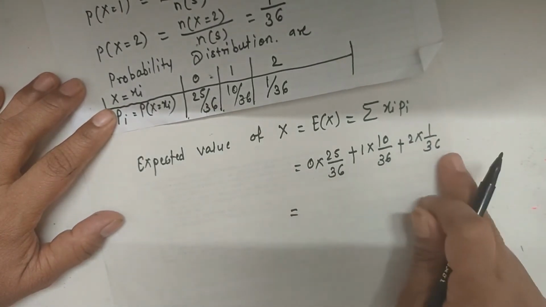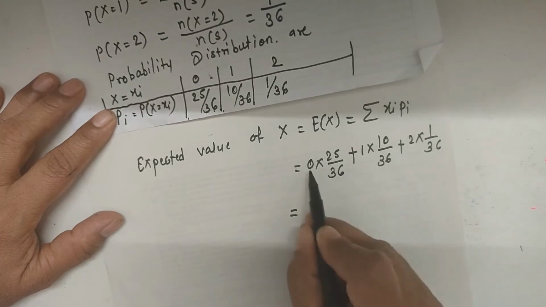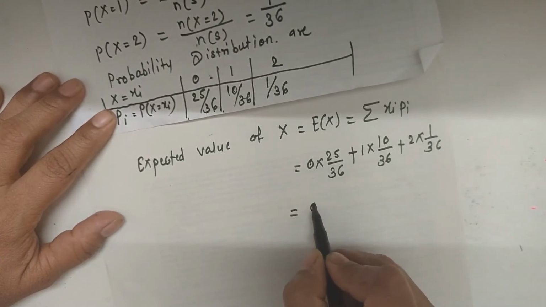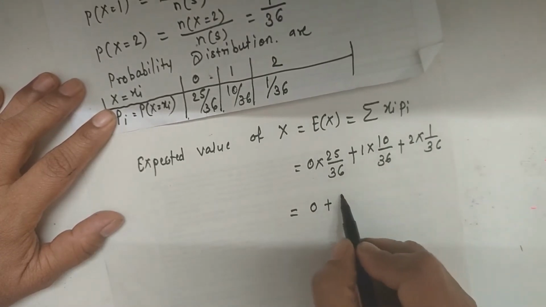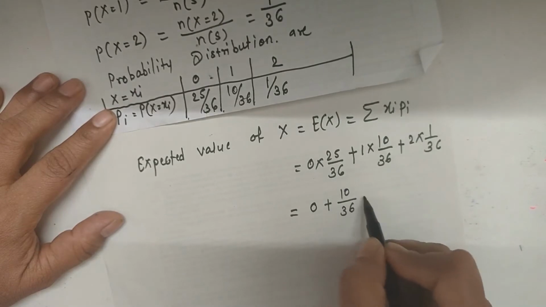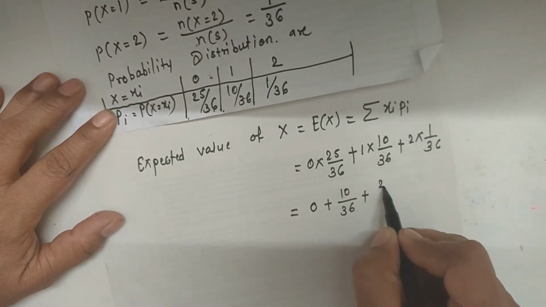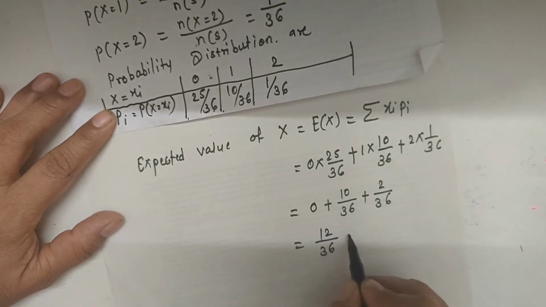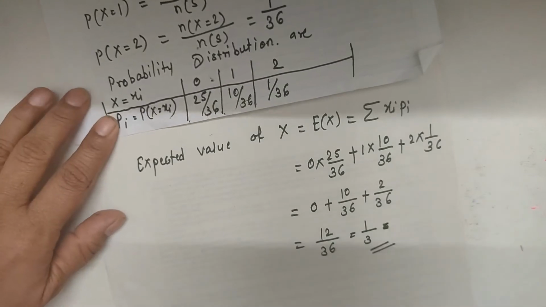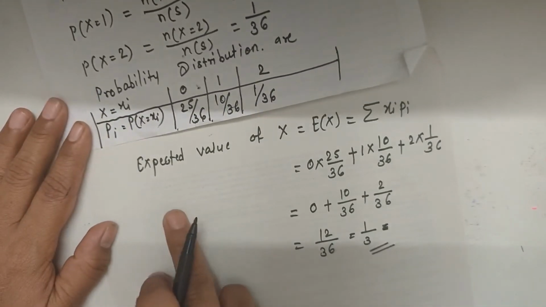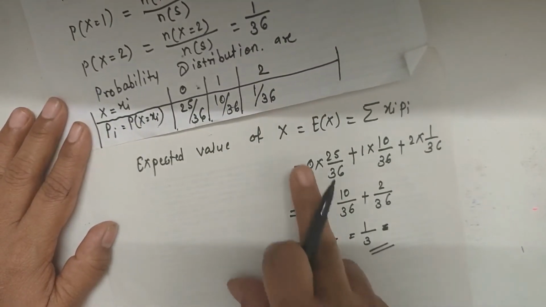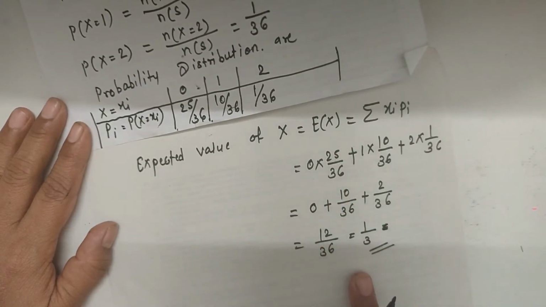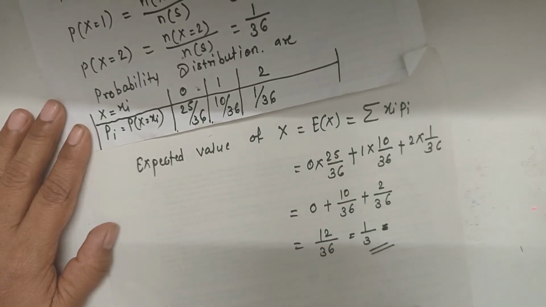So adding all these terms, the first product is 0, 1 into 10 by 36 is 10 by 36, plus 2 into 1 by 36, 2 upon 36, is equal to 10 plus 2, 12 by 36, that is 1 upon 3. So the expected value or expectation of x, that is E of x, is equal to 1 by 3.